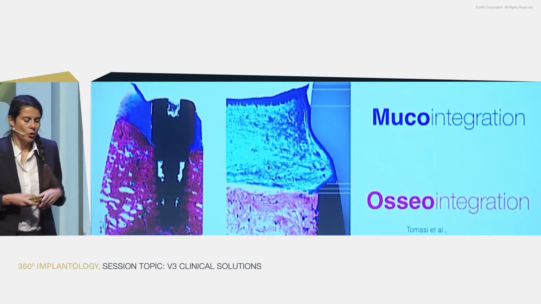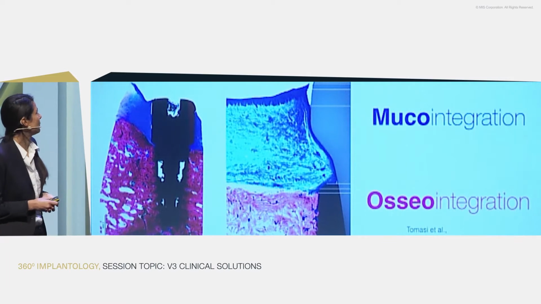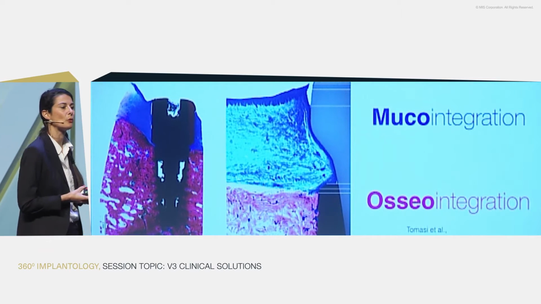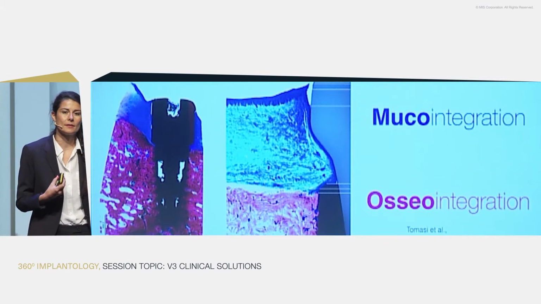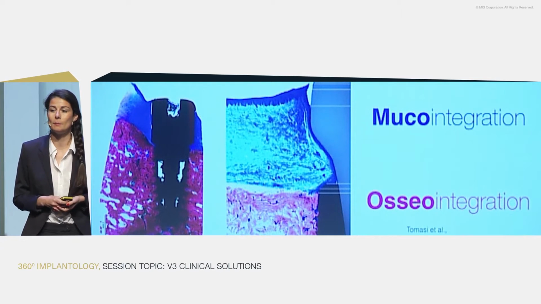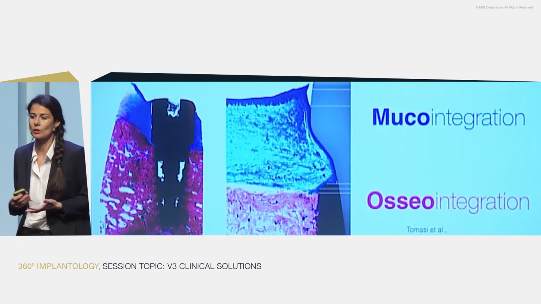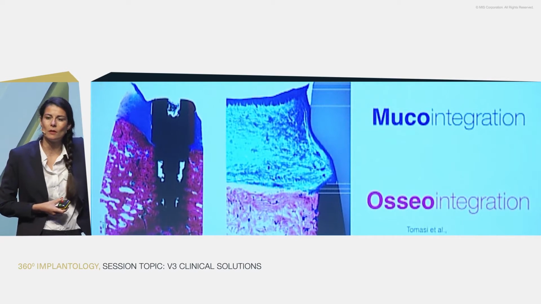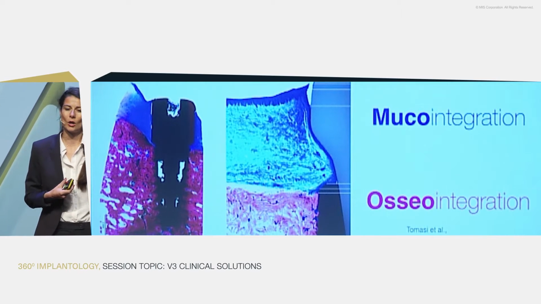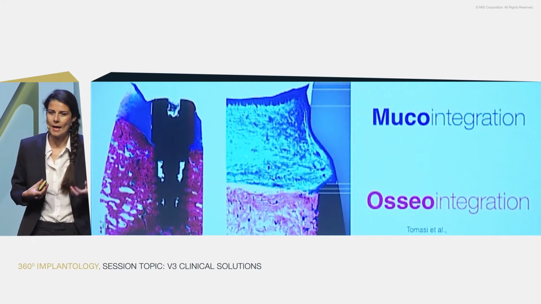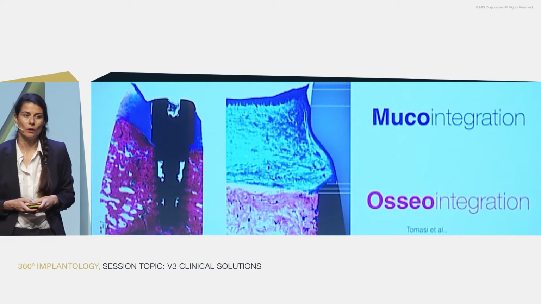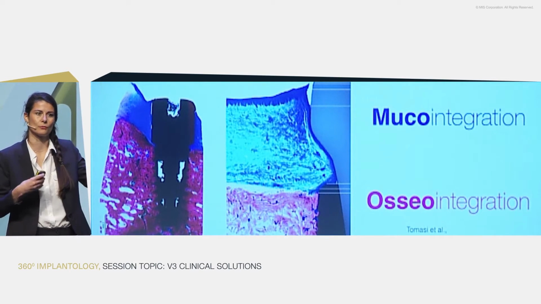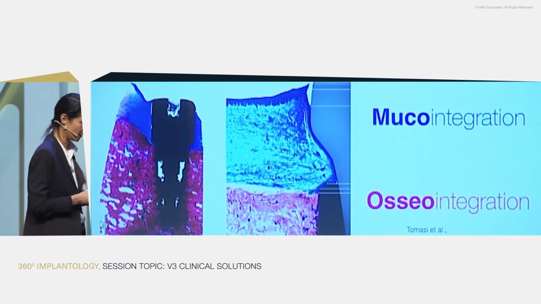You must know that this interface, what I call mucointegration, is where you have the installation of the biological width, that is an adhesion of epithelial cells. This is the junctional epithelium, and in the more apical part, just above the bone, we have a connective adhesion. This dimension is about 3 to 4 millimeters, with 2 millimeters of junctional epithelium, and the rest is usually connective tissue.